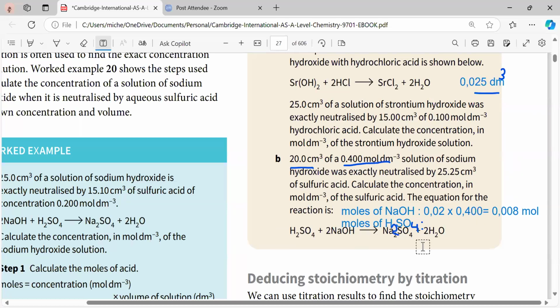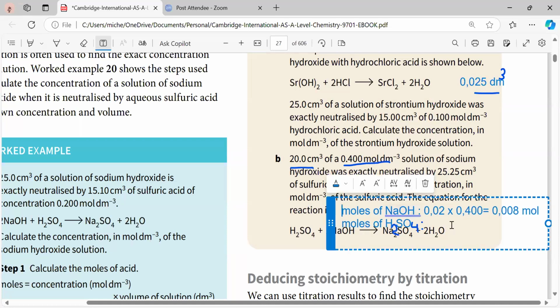So to find the moles of sulfuric acid, we have to divide this by 2. So we divide 0.008 by 2, and we get 0.004.